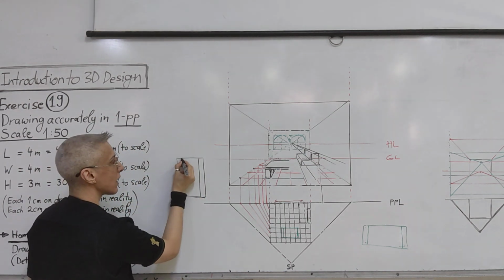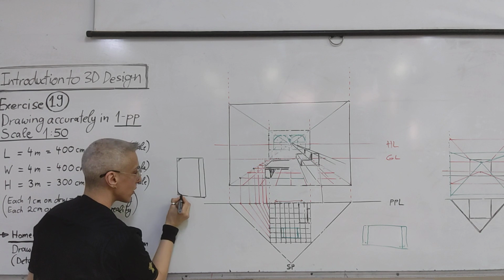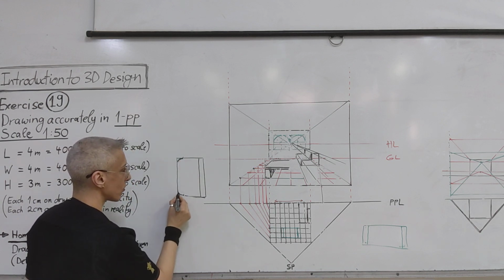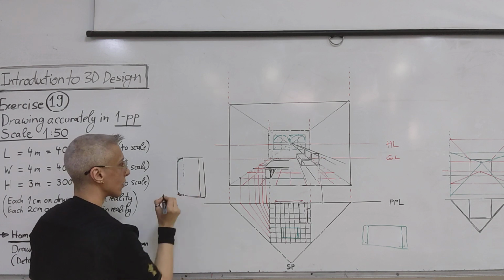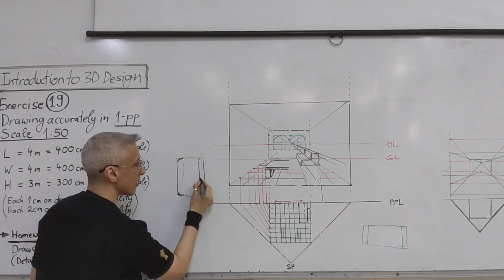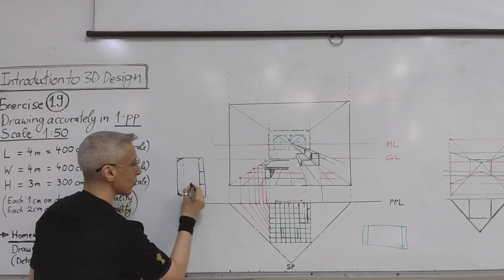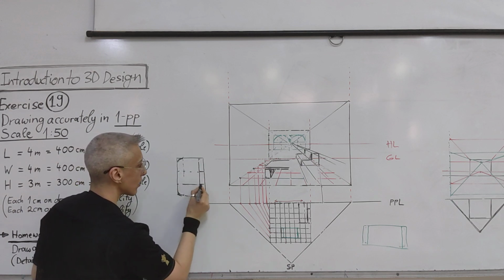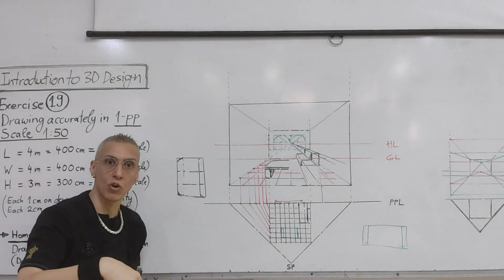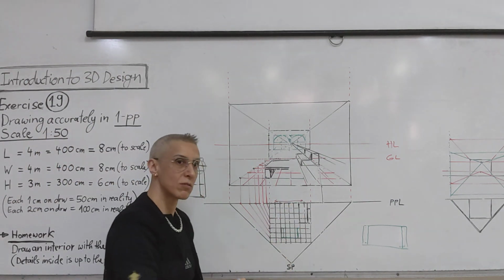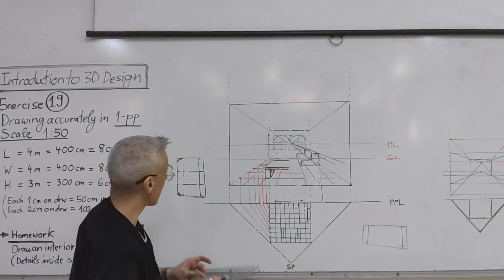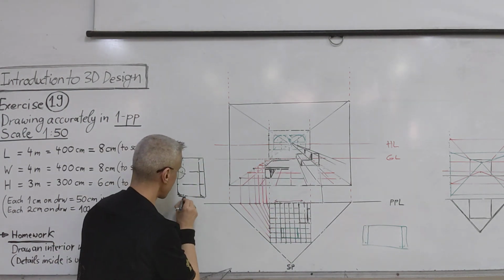For example, we can have rounded, so radiuses. So this radius starts at a point, okay? Maybe here we have other details, maybe we have divisions. So all of these things, the way it looks from the top, you need to draw here. The plan view of everything that's in the room with its details, okay?